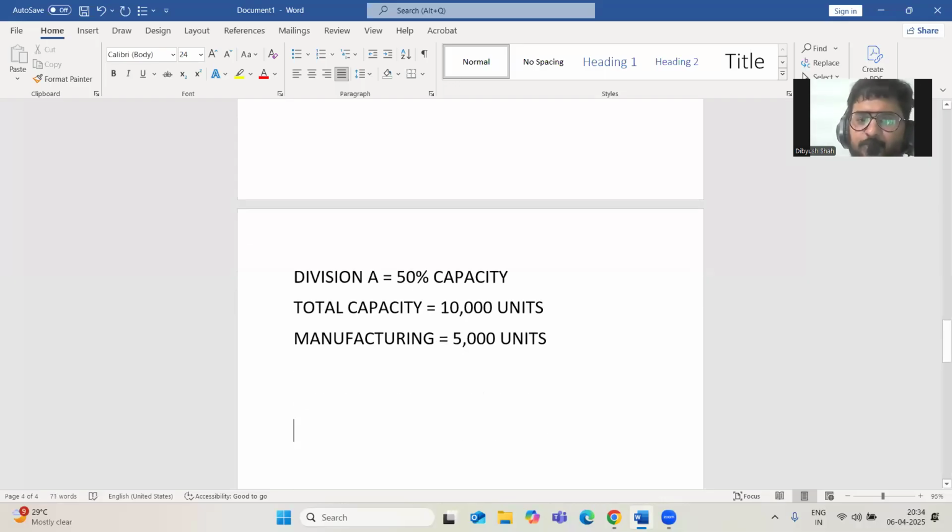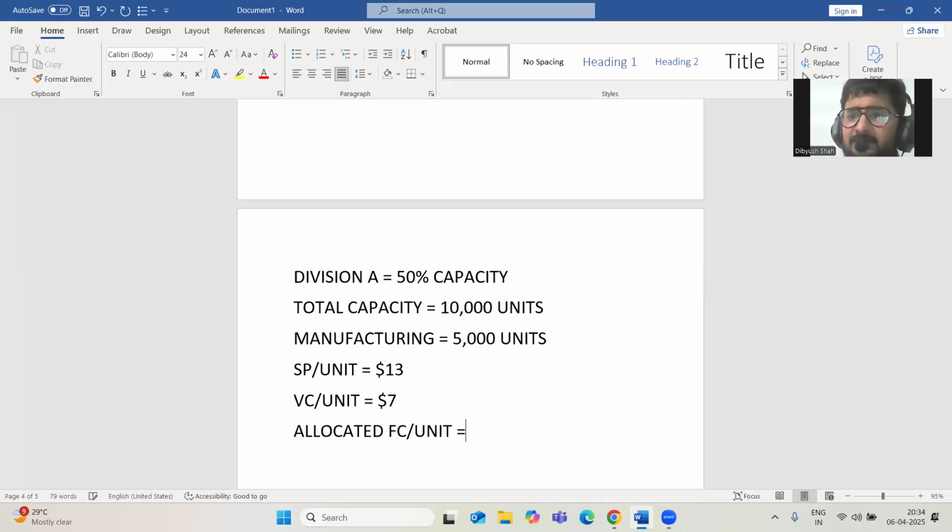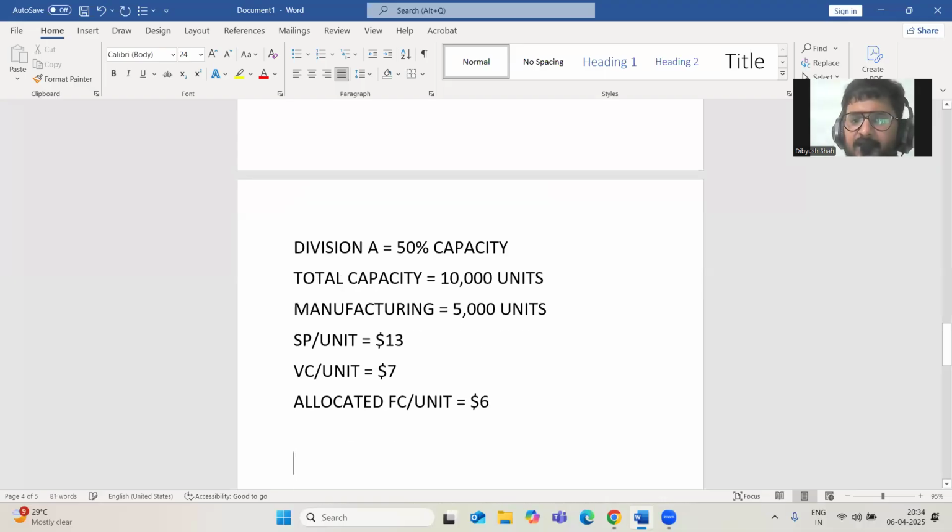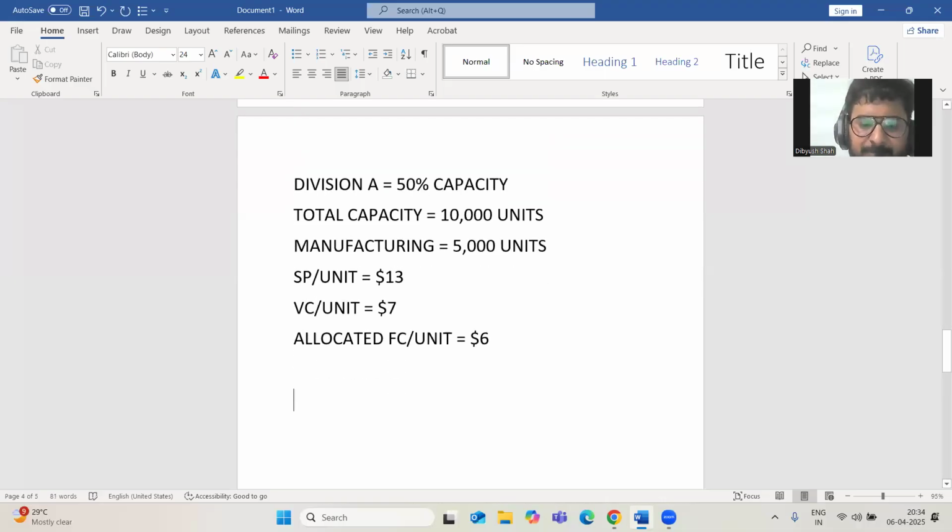The selling price to external customers is $13. And they are also giving the breakup that variable cost per unit of making the product is $7. And the fixed cost that is allocated, remember, fixed cost has to be covered by all the units produced, so whatever is produced is $6. Now they are telling Division B.